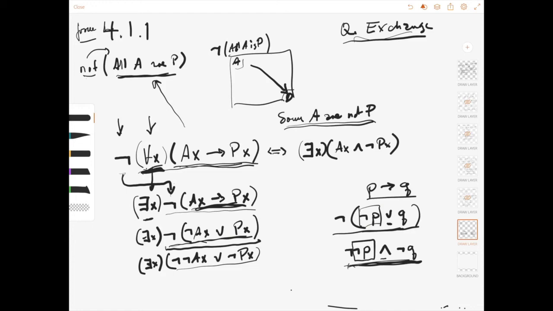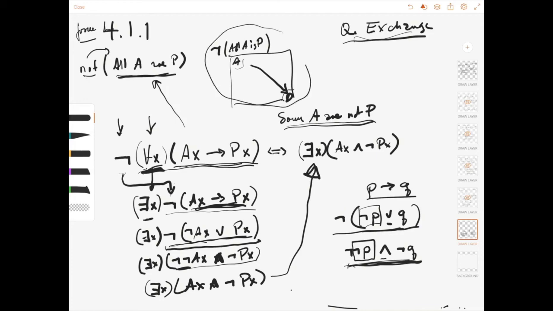Now if we apply double negation, we can get rid of these two negations together, and what do we end up with? We end up with there is an X such that A of X and, sorry, I wrote or there, it should have been and not P of X. And that is exactly the expression that we predicted we should get by looking at the square of opposition.